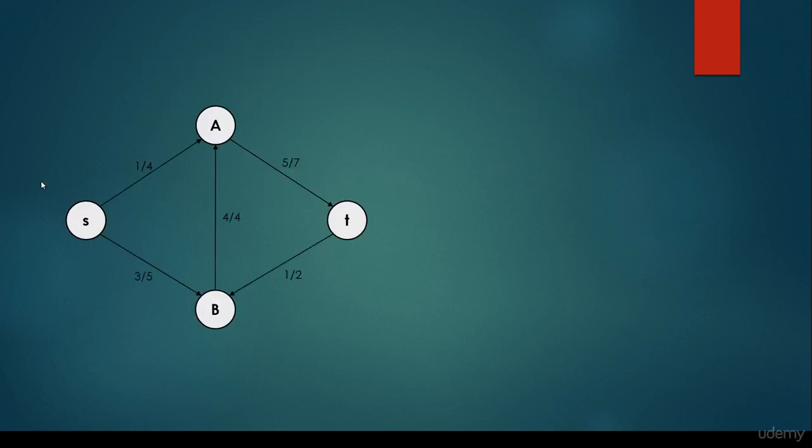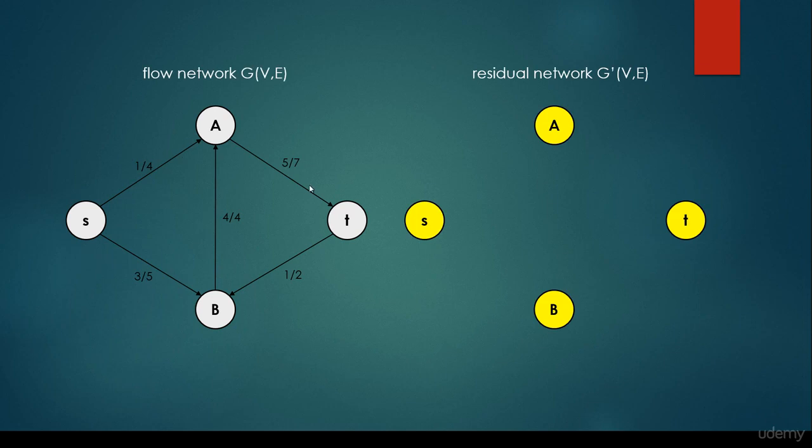Okay, so let's consider this graph. This is the original flow network with the capacities and the flow values. Okay, and we would like to construct the so-called residual network. So let's consider this edge, for example. We know for certain that the maximum flow can be 4 and we have flow 1.